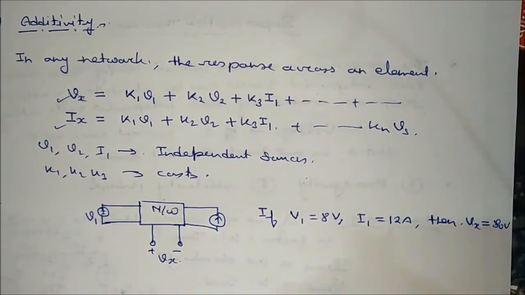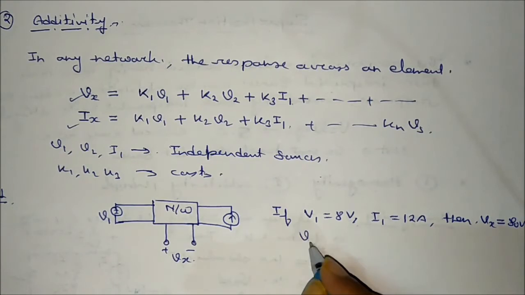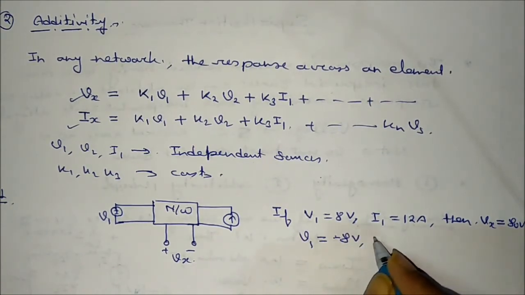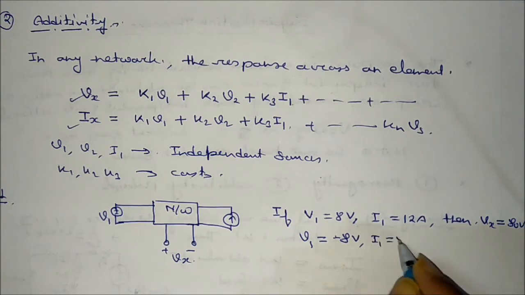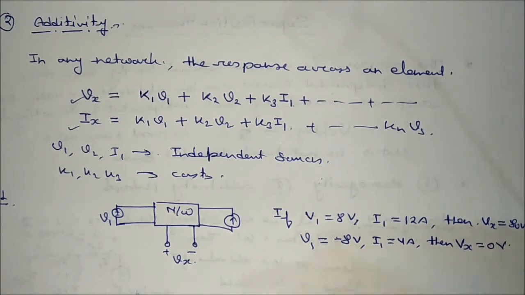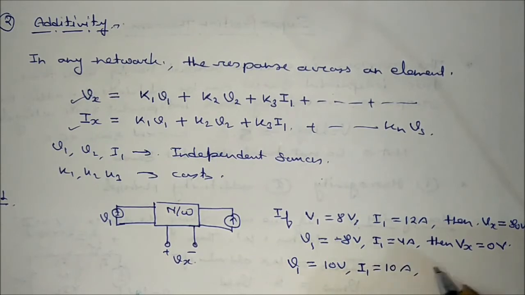It is given to us. Similarly, if V1 is equal to minus 8 volt and I1 is equal to 4 ampere, then Vx is given as 0 volt. Similarly, if V1 is equal to 10 volt and I1 is equal to 10 ampere, then it is asking what is the value of Vx.